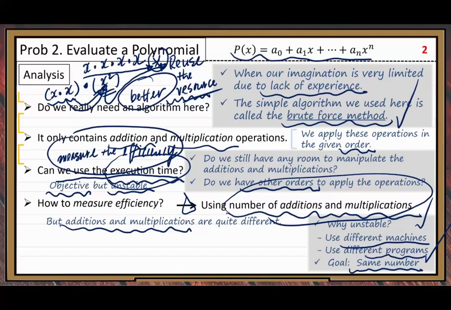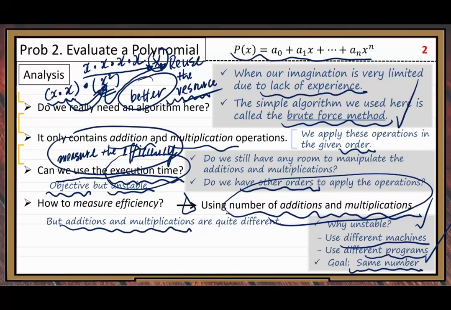So that means it's hard to put them together, right? It's not a fair way to add these two numbers together. For example, you have 3 multiplications, you have 5 additions. You cannot just use 3 plus 5, you get a number 8. You cannot say we use 8 operations.